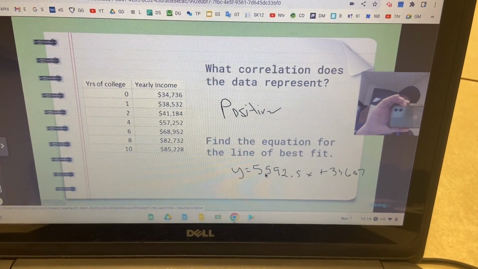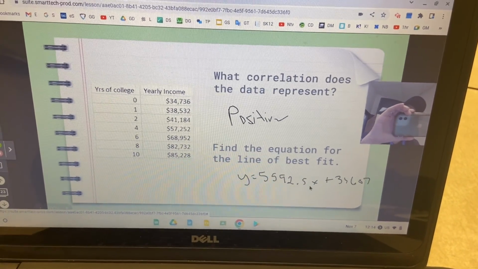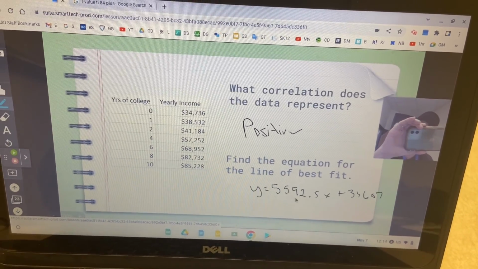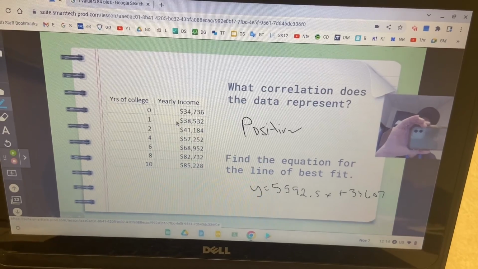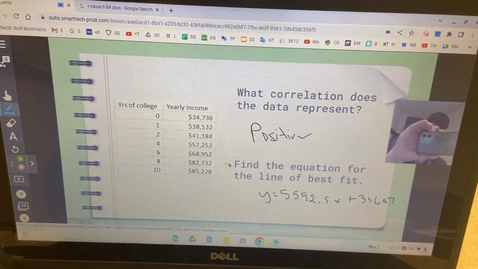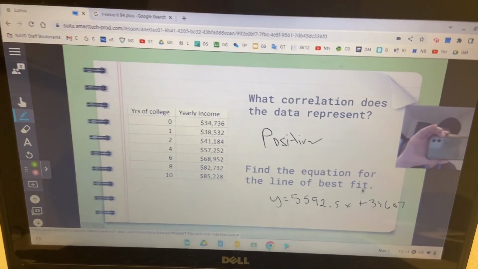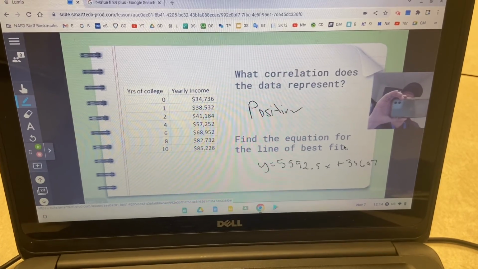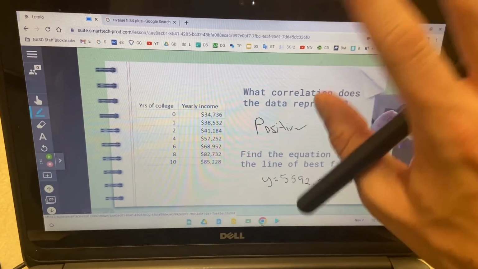Basically what this information is telling us is that's my slope. You can expect somebody to make around $5,500 per extra year of college. And somebody who never went to college made around the $33,000 mark, give or take. So let's use that to answer a few more questions.